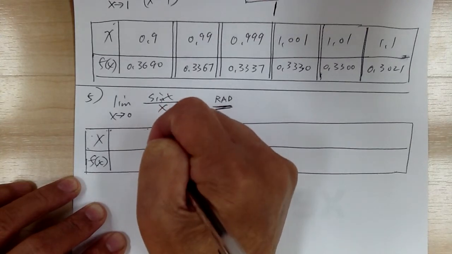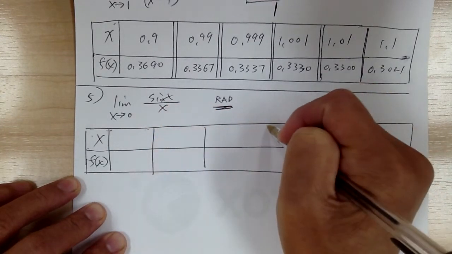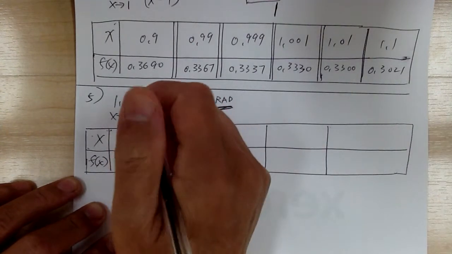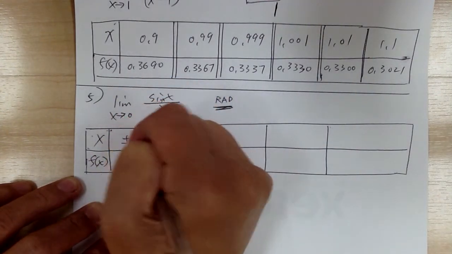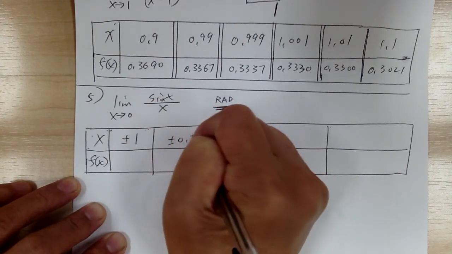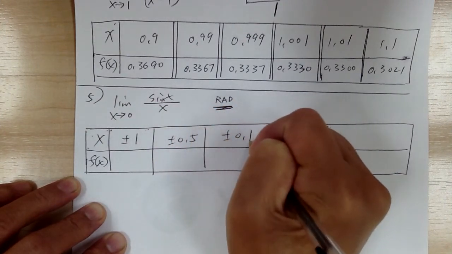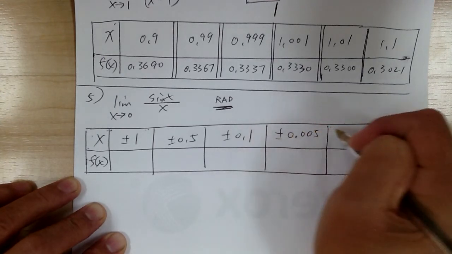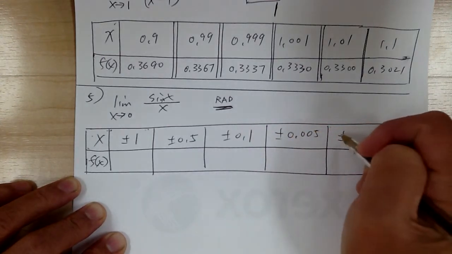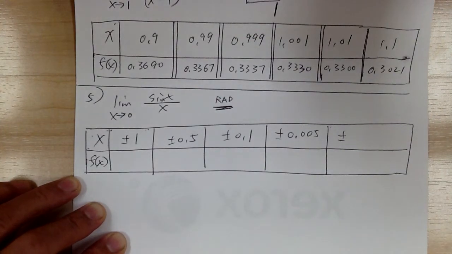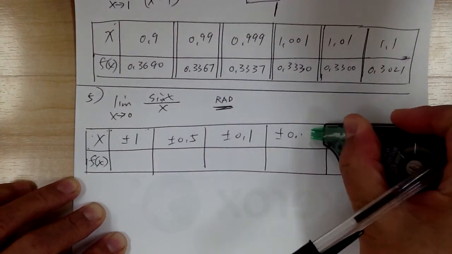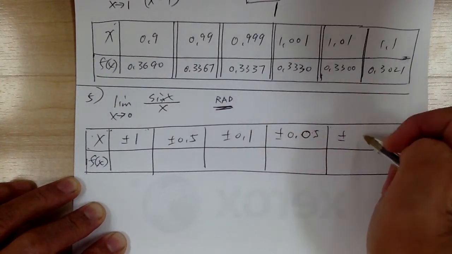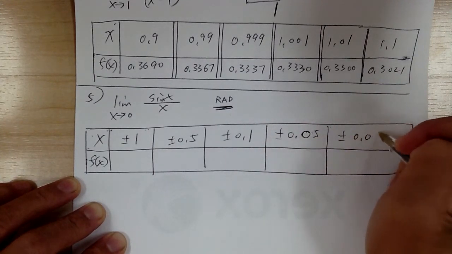So plus or minus 1, plus or minus 0.5, plus or minus 0.1, plus or minus 0.05, and plus or minus 0.01.